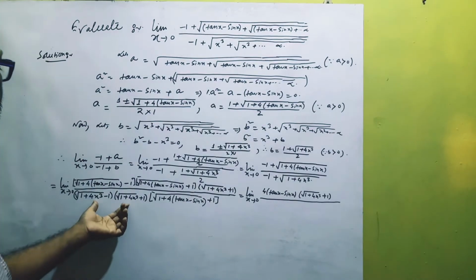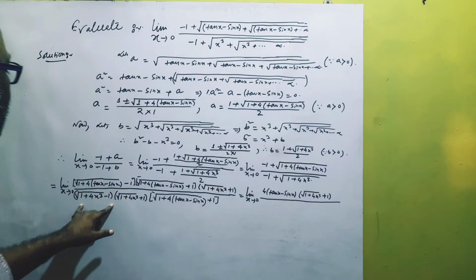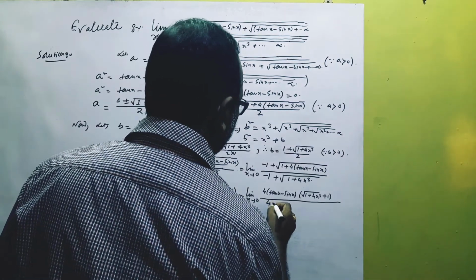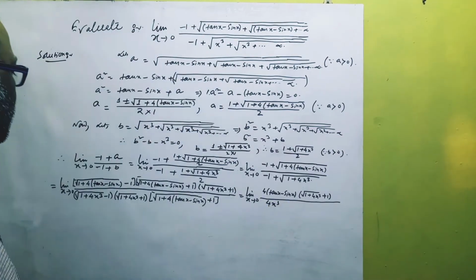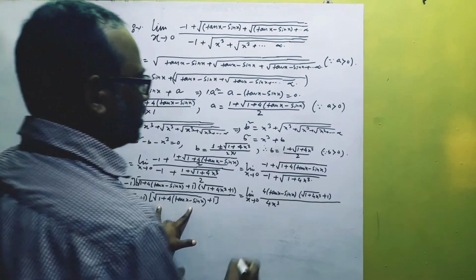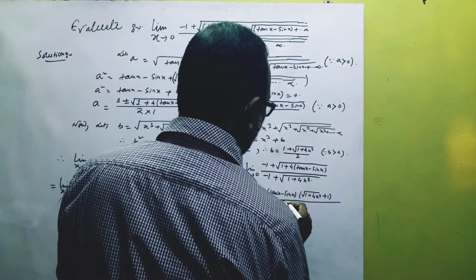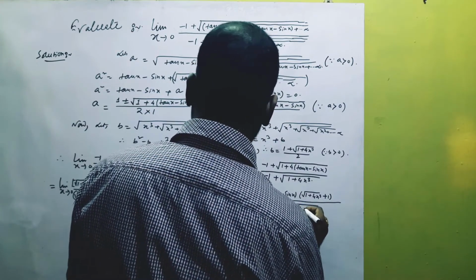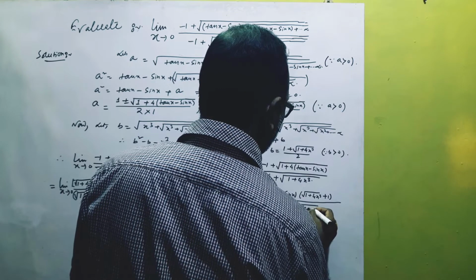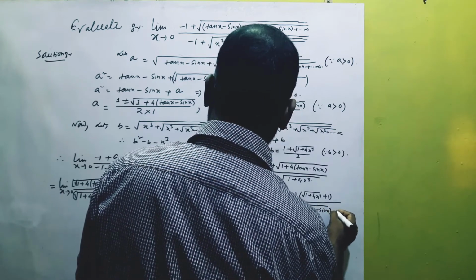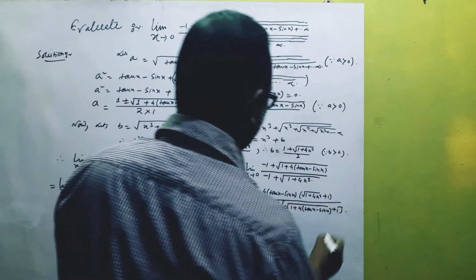On the denominator part there is also only 4x³ here, 1 cancelled with −1, so we have another factor, this radical figure, √(1 + 4(tan x − sin x)) + 1. Okay.